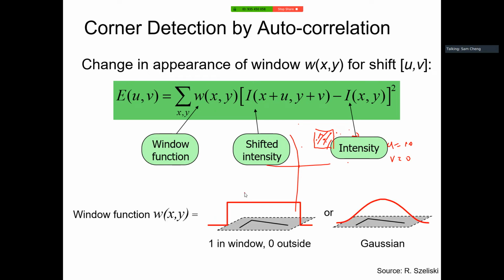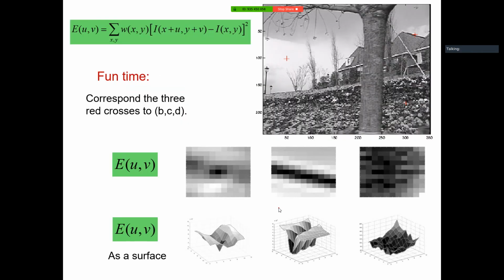So as I mentioned, this is the window. Maybe just to check your understanding, there are 3 cases here, one here, and one here. So I'm computing this E(u,v).